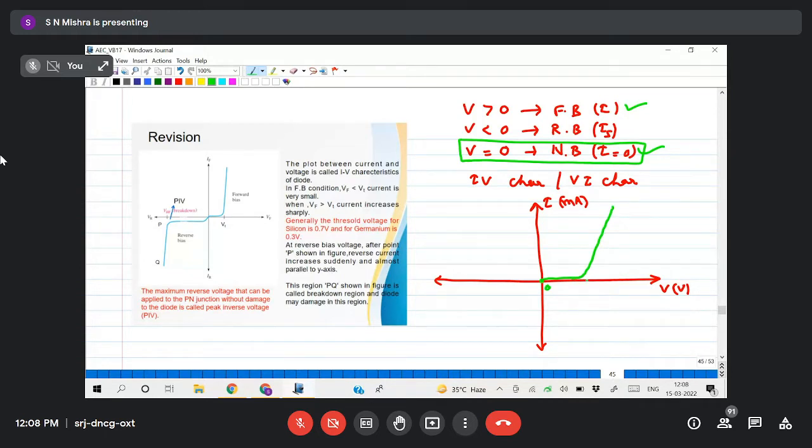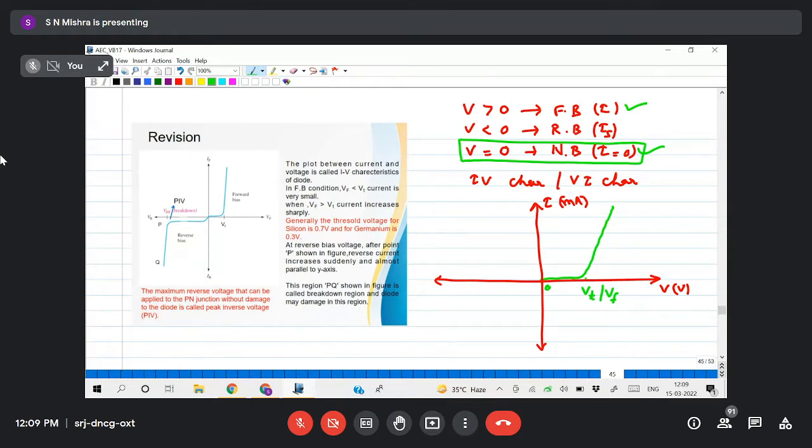The voltage at which the depletion region reduces to 0 and current increases is called threshold voltage, knee voltage, or cut-in voltage. That can be represented as Vt, and sometimes it is also written as Vf.